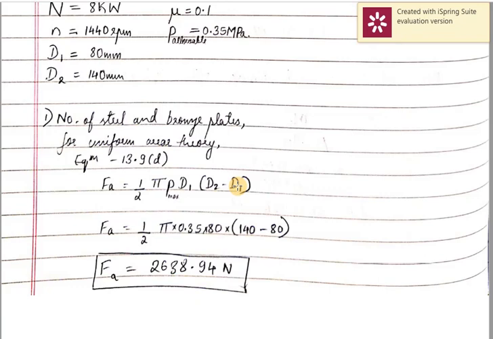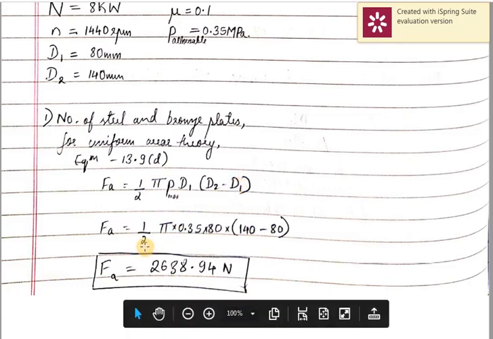So this is the equation we have. Substituting the parameters, maximum pressure as 0.35, d1 as 80 and d2 as 140, we calculated axial force as 2638.94 Newton.